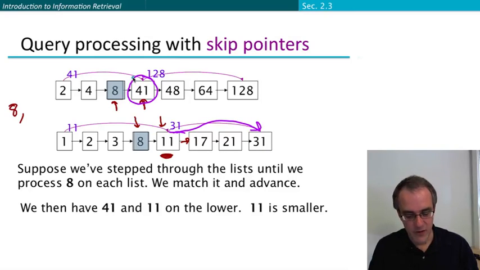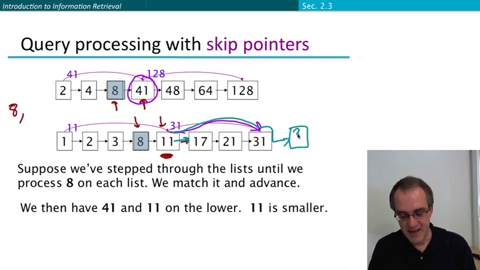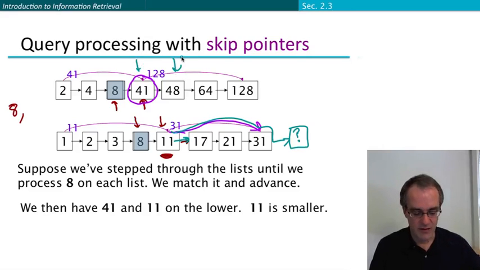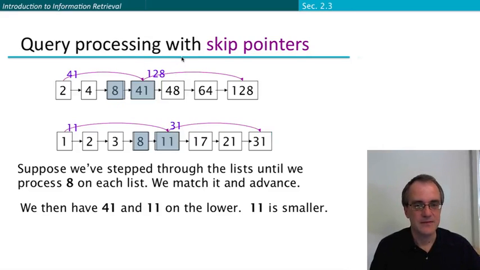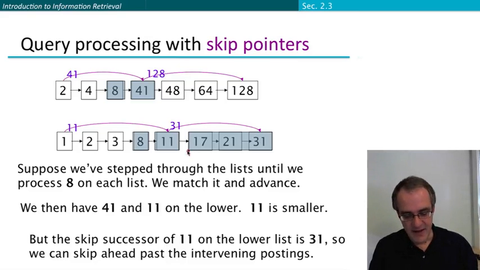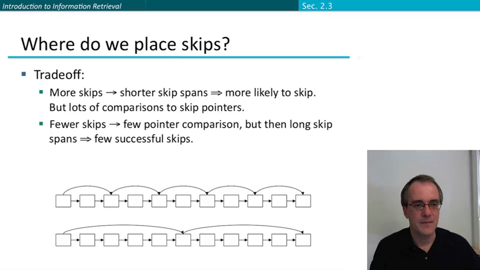And so therefore, rather than advancing to 17, we can actually advance all the way to the thing that's next after the skip pointer. Whatever is here is actually the next potential document that could match or not match with 41, 48, or one of the things that comes after it. And so because of that, we've been able to skip over dealing with a whole bunch of the things that were on this list. We just know that these things aren't going to be matches. So that's the idea of how you can gain.